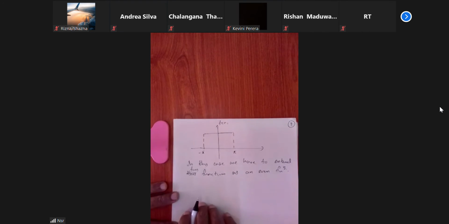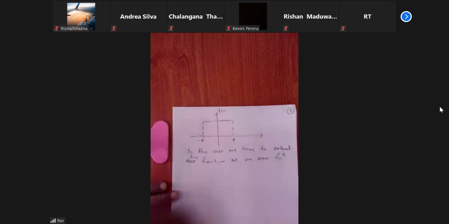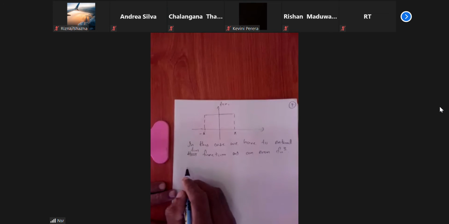After that, you need to find the Fourier cosine integral representation of this function.